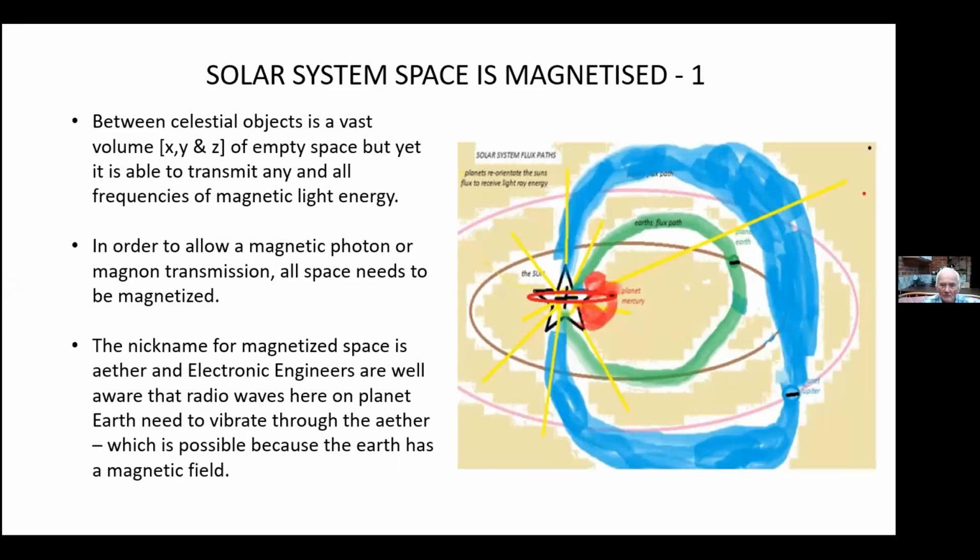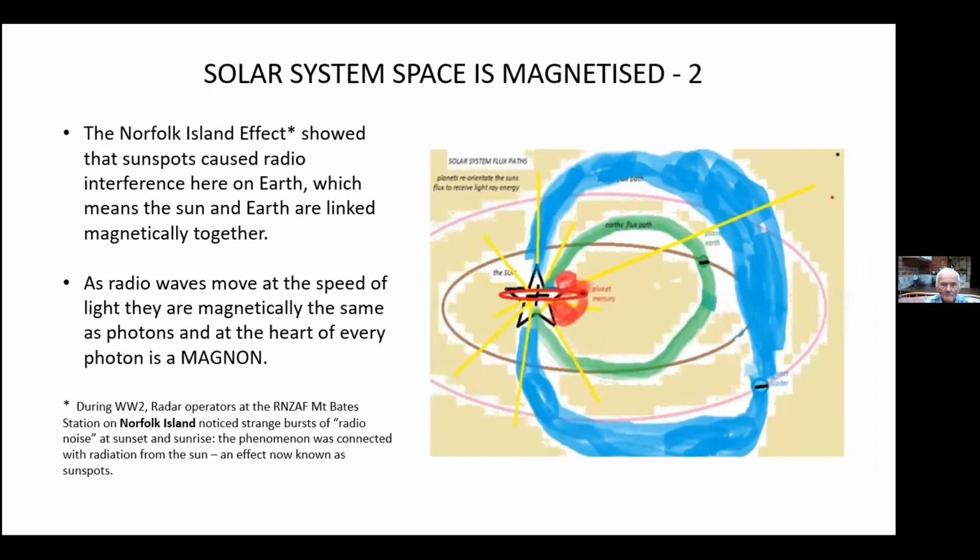The nickname for magnetized space is ether, and electronic engineers are well aware that radio waves here on planet Earth need to vibrate through the ether, which is possible because the Earth has a magnetic field.